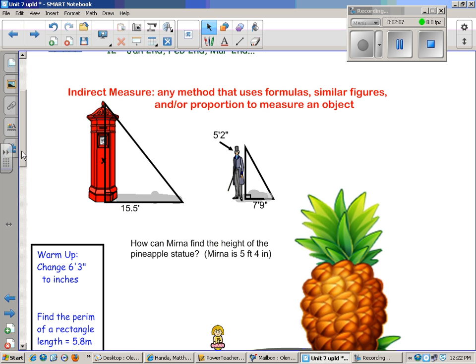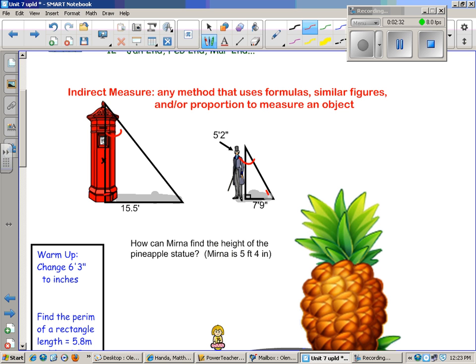And the nice thing about the sun is it always provides that similar relationship. Because if the sun's shining way up here, it's hitting this call box at the same angle as it's hitting this guy. So the angle from the call box to the ground and the angle from the guy to the ground is the same.